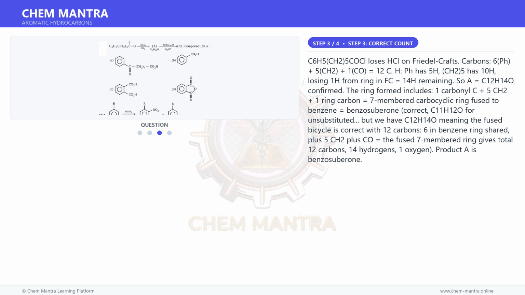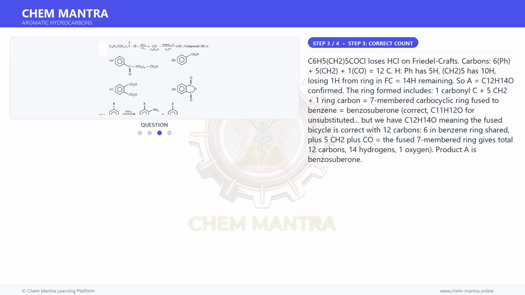C6H5(CH2)5COCl loses HCl on Friedel-Crafts. Carbons: 6 for phenyl, plus 5 CH2, plus 1 CO, equals 12 C. Phenyl has 5 H, (CH2)5 has 10 H, losing 1 H from the ring in FC, equals 14 H remaining. So A is C12H14O, confirmed.